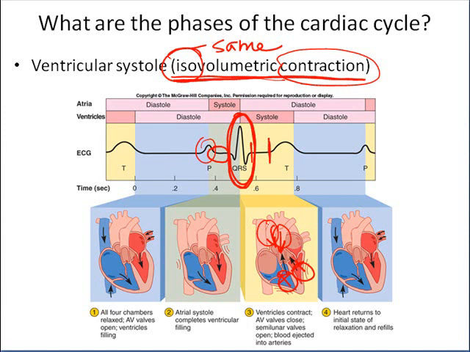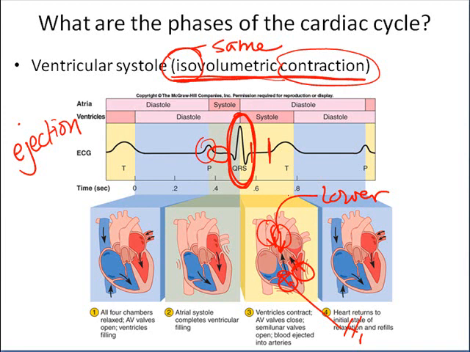But once the pressure in the ventricles is higher, then those semilunar valves open, and we get our next phase of the cardiac cycle, which is ejection, or ventricular ejection. This is where we actually get the pushing of the blood out into the aorta and out into the pulmonary trunk. Okay, that's ventricular ejection.